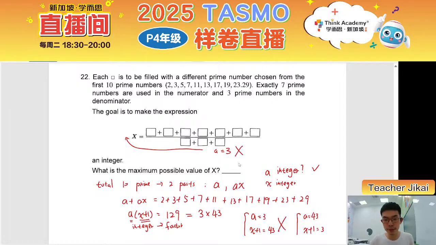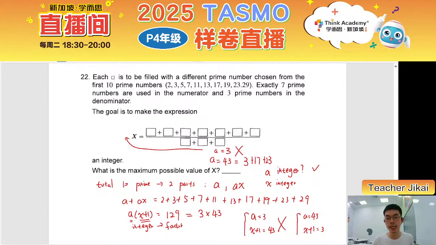So how about 43? Can we have 3 prime numbers making the denominator, which is 3 parts adding up together, give you 43 here? Yes, we can just select it. We can select 3 out of it, select 17 out of it, and get 23 out of it, right? And we know, yeah, it is 43. So we have already verified that a here equals 43.